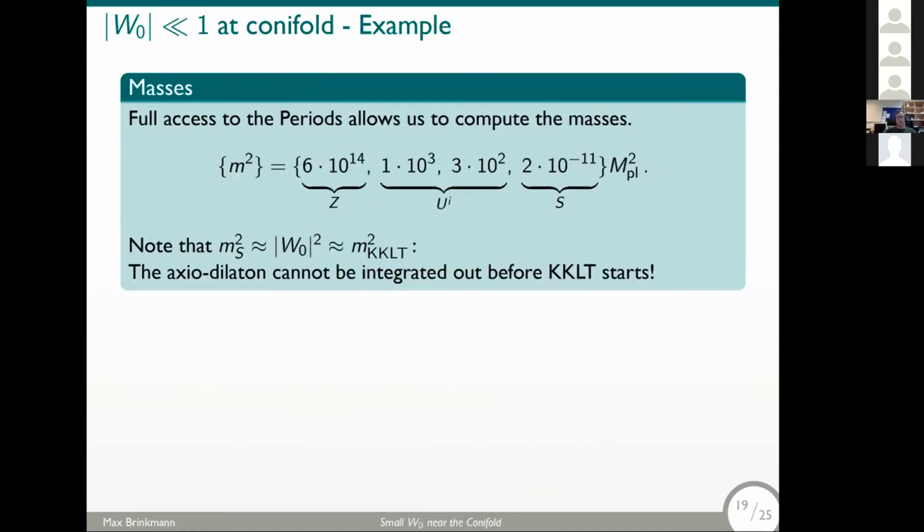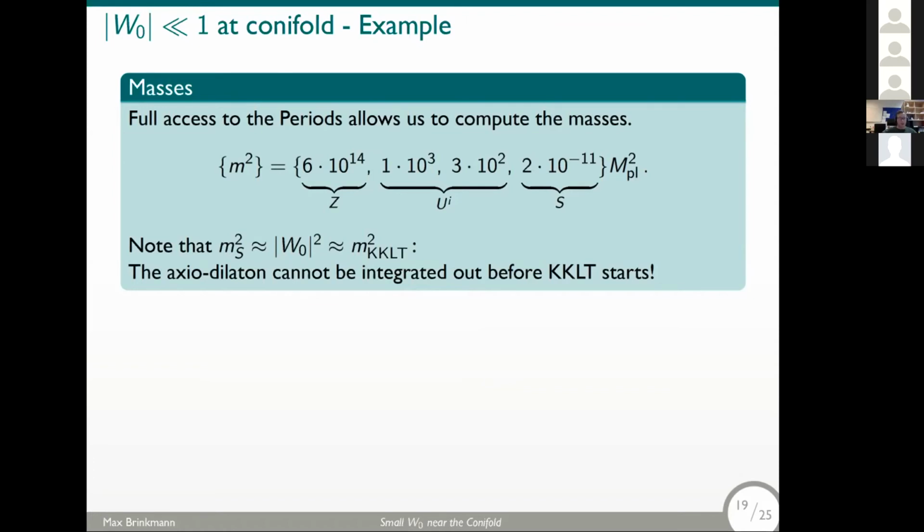Since we do have access to the full periods, we can just directly compute the masses in this minimum. Doing that, we find a very heavy mass, which corresponds to the Conifold modulus. The large complex structure moduli are also quite heavy, but the axiodilaton is a very, very light state, which makes sense since it is only stabilized by perturbative effects.